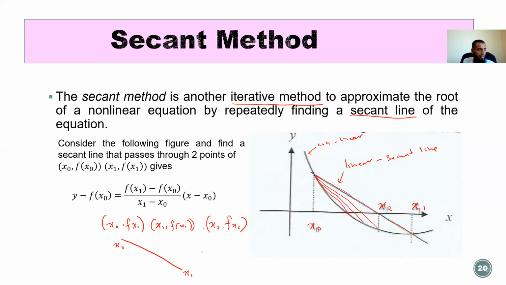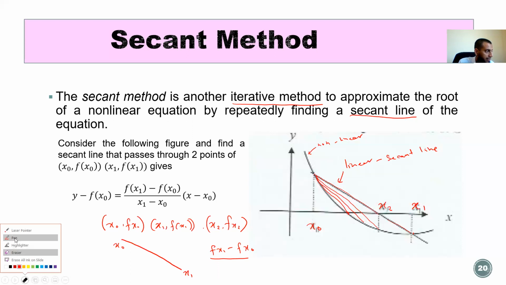So the gradient is (f(x1) minus f(x0)) divided by (x1 minus x0).